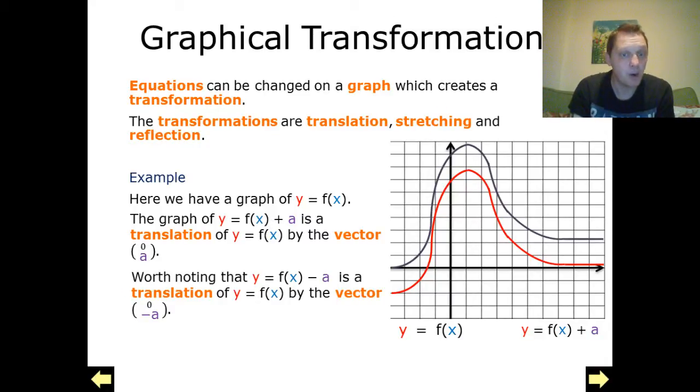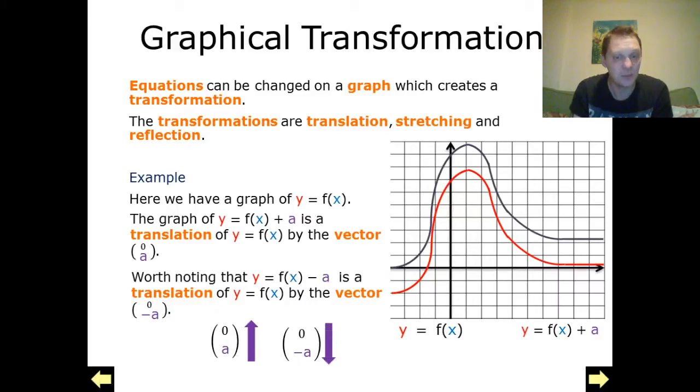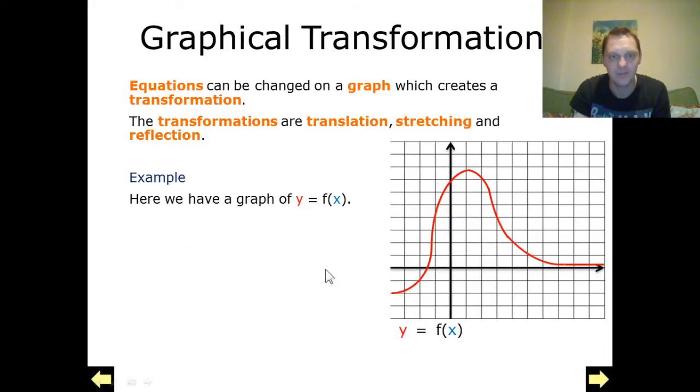If we had minus a on our function, then we'd actually be translating this in a downwards direction. That's because if we've got a positive number at the bottom of our vector, we are moving upwards. If we've got a negative number on the bottom of our vector, we are heading downwards. So we are literally taking our line and shifting it up or down, depending on if this is plus or minus a after our function.